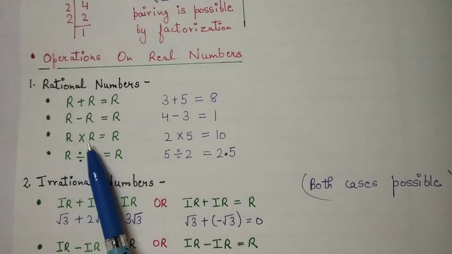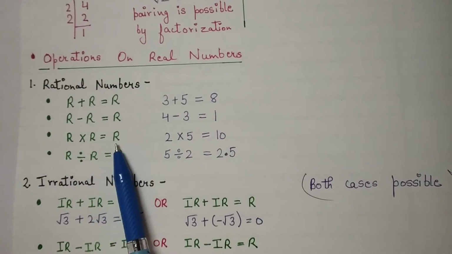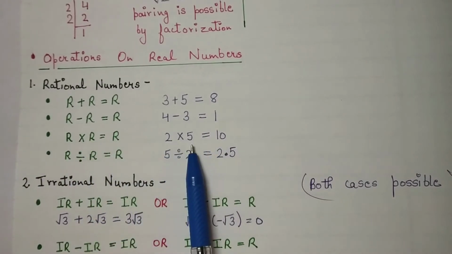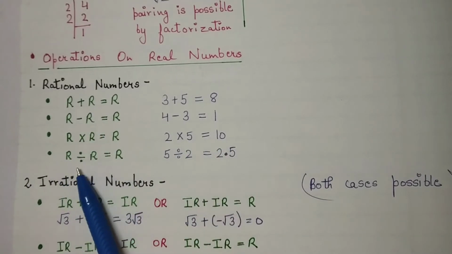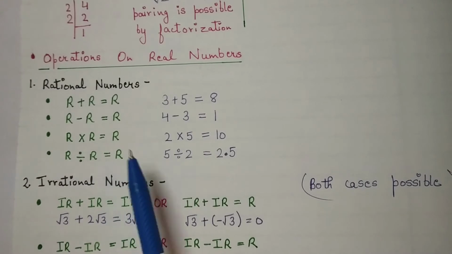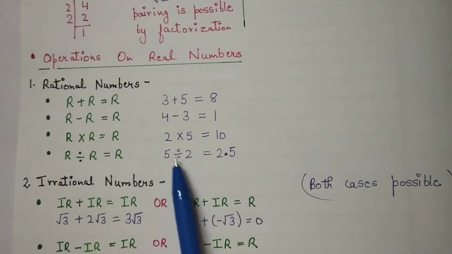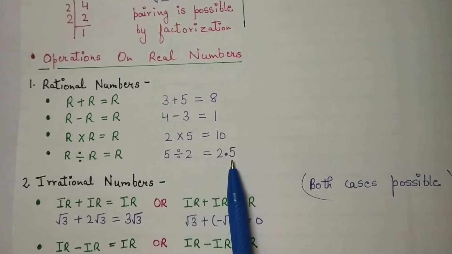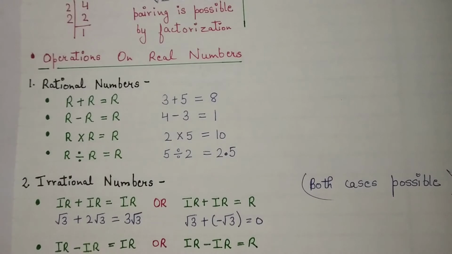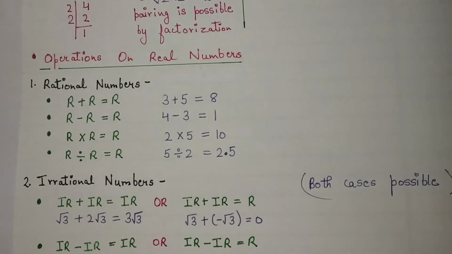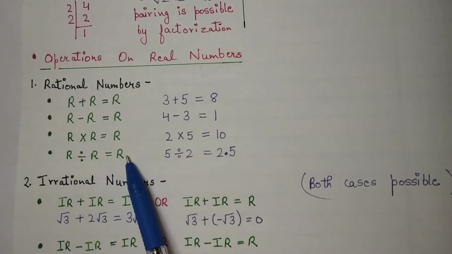If I multiply rational by rational, then it is also rational. 2 multiply 5 is equal to 10. Rational divided by rational is always rational. For example, 5 divided by 2 is equal to 2.5, which is a terminating number, so it is rational. So if we add, subtract, multiply or divide rational numbers, we always get rational.